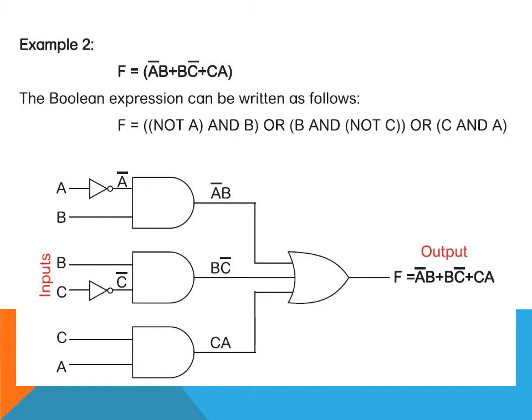The inputs are C and A and the output will be C A. Now we have to add all these three parts. So there will be an OR gate which will add all the three parts, and the function will be A bar B plus B C bar plus C A. So this is how you are going to draw a logic circuit when the Boolean expression or the function is given.